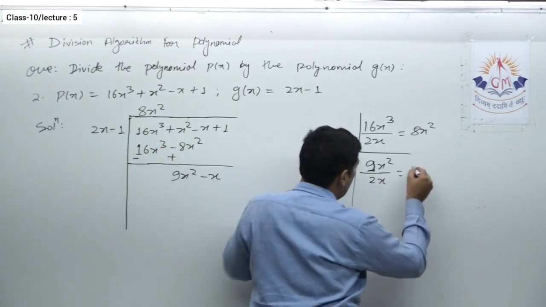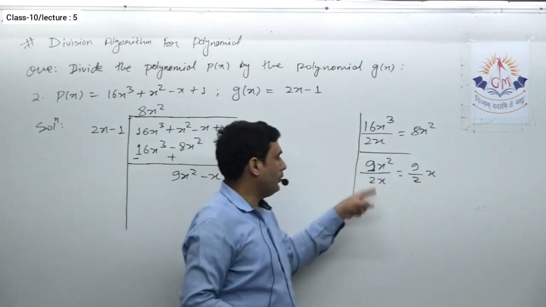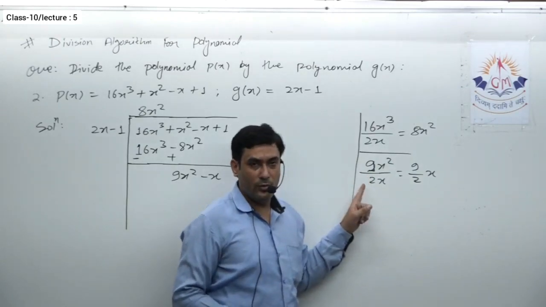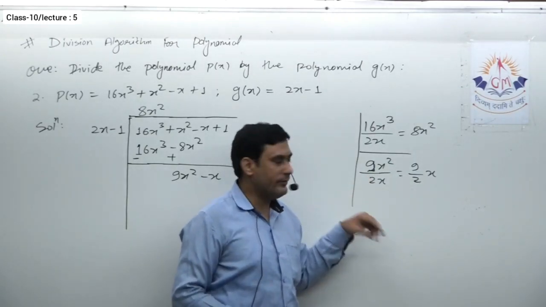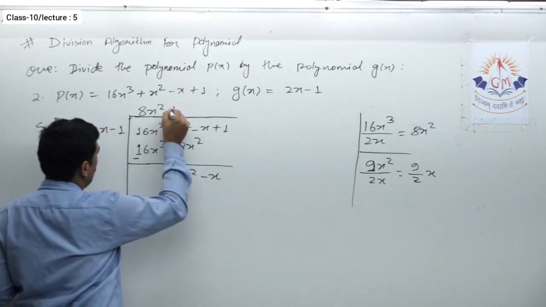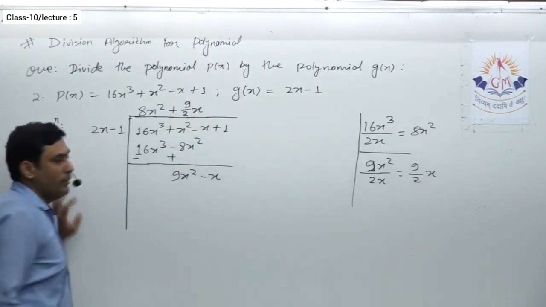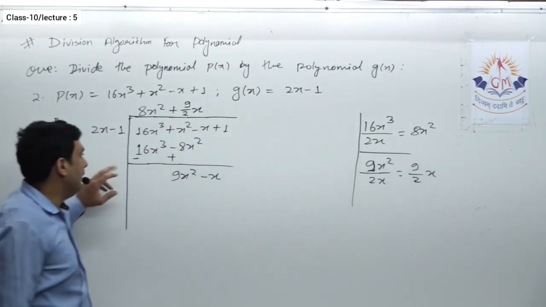Here I will get 9 upon 2x. Because 9 and 2 are not divisible, or I can write 4.5x, it is better to write 9 by 2x. So this is the second term of the quotient polynomial, 9 upon 2x.